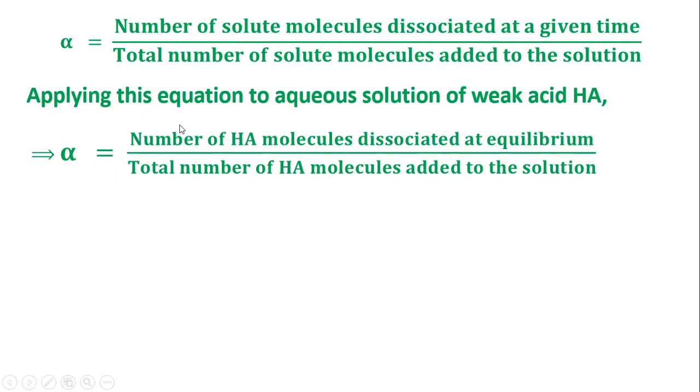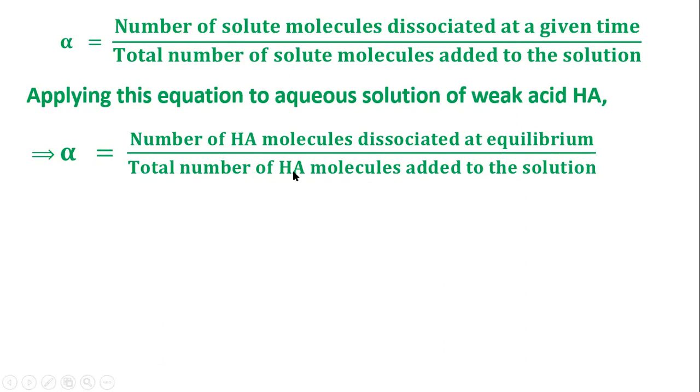Now, this number of HA molecules dissociated at equilibrium will be the same as the number of H plus or H3O plus ions produced inside the solution, and it will be equal to the number of A minus ions which are produced at the equilibrium.